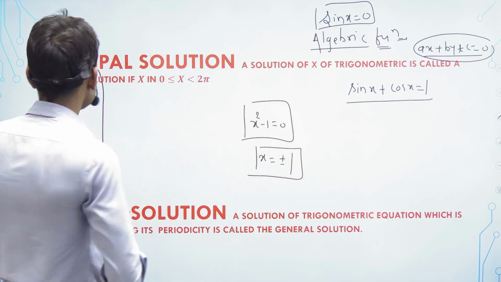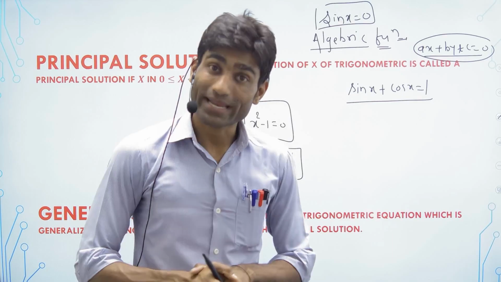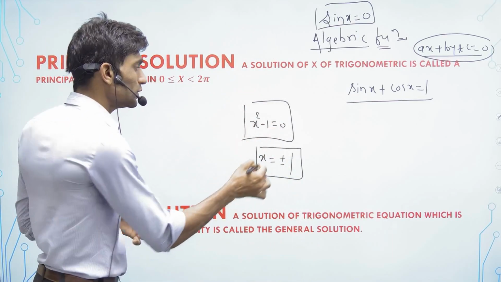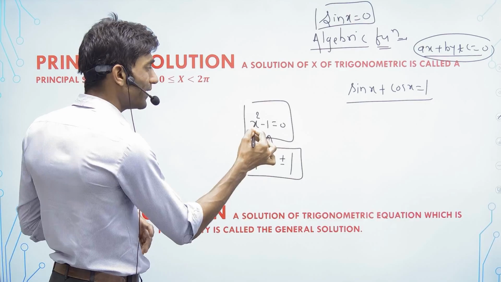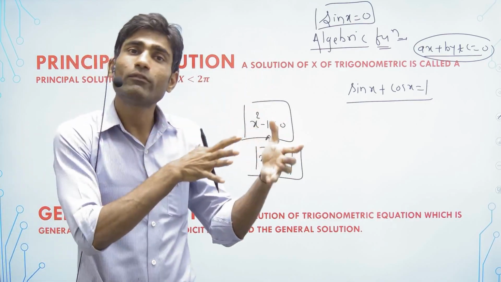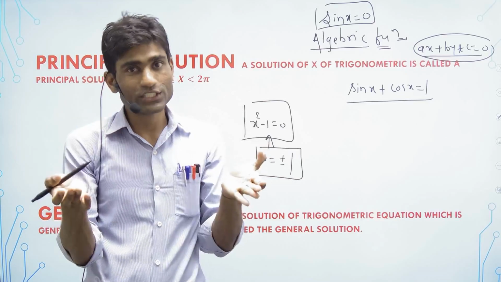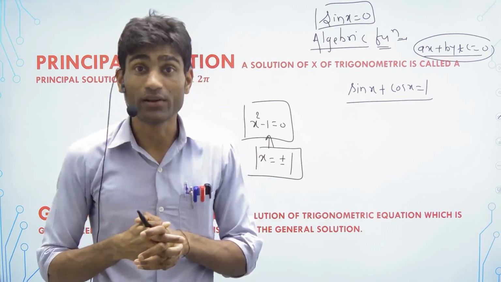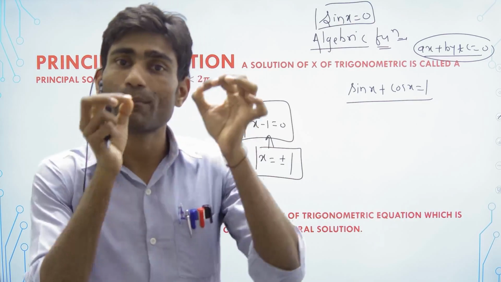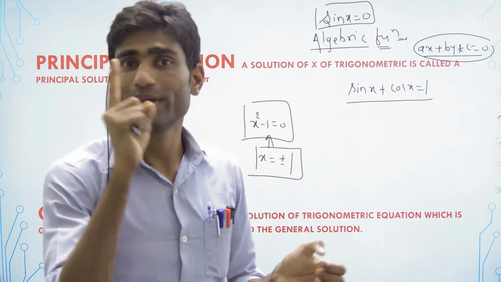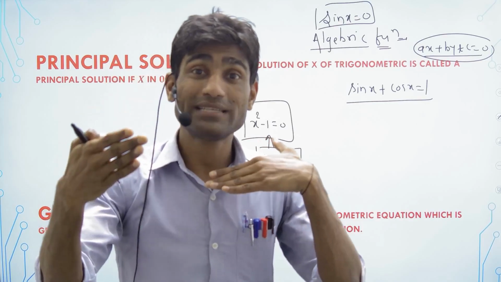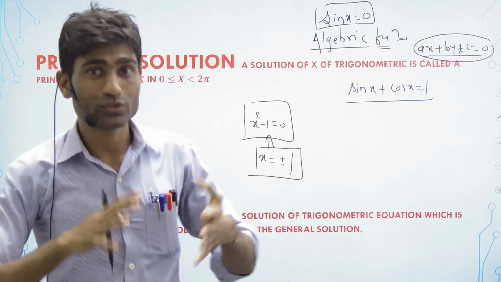Substituting, plus minus 1 squared is always 1, and 1 minus 1 gives 0, which is equal to 0. The meaning is that if we substitute the solution back into our algebraic equation, the equation gets satisfied. That means it is satisfied on the left hand side and right hand side.